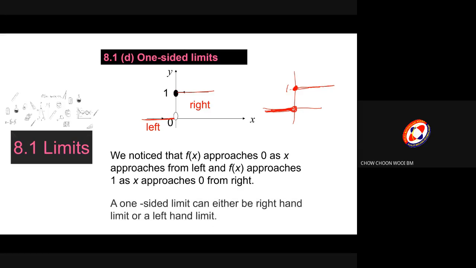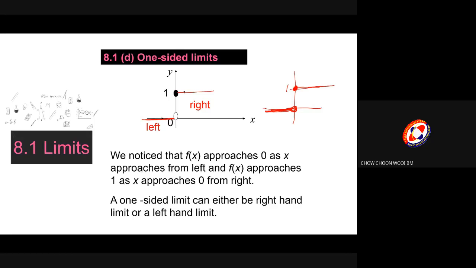Okay. So, a one-sided limit can either be a right-hand limit or a left-hand limit. If the limit is here, we say the limit as x approaches 0 from the left of f(x). If it is here, the limit as x approaches 0 from the right. That is the name, you have to remember.